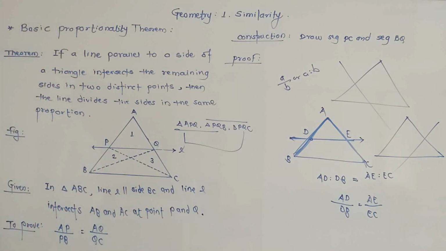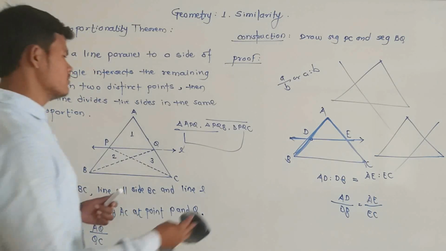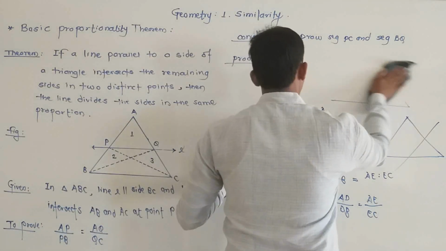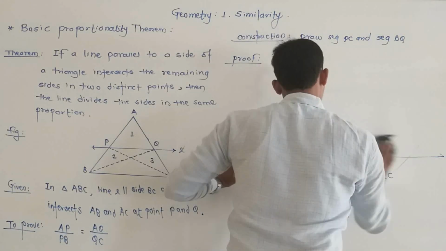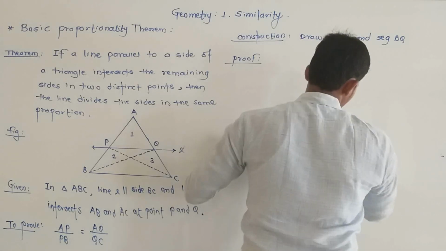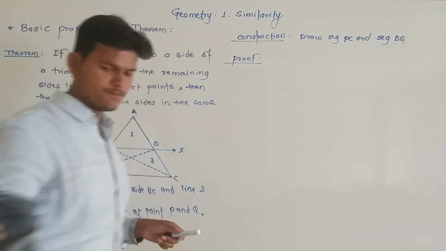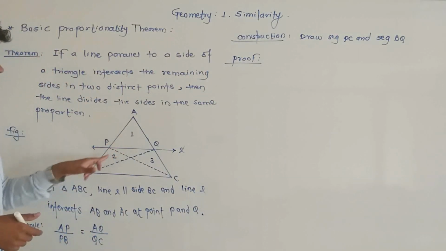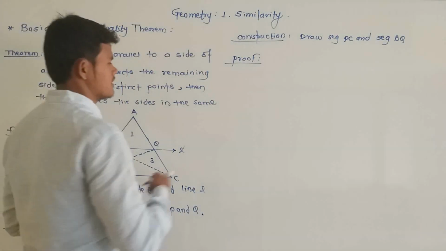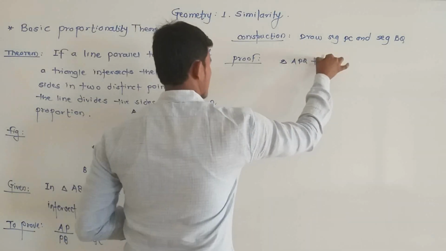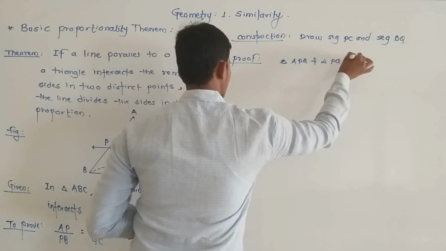Okay. So by using the ratios of areas of triangles, we have to show that AP upon PB is equal to AQ upon QC. Okay. So we start the proof. First, I explain how to prove that. So consider the first pair, that is triangle APQ and triangle PQB.